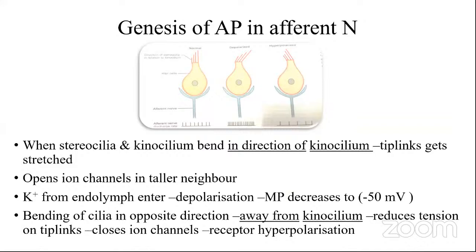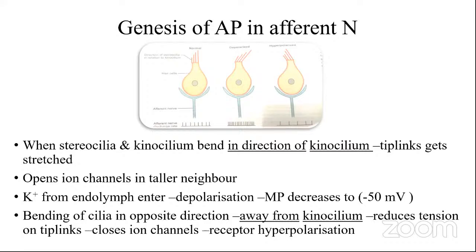Now, about the genesis of action potential in afferent nerve: when stereocilia bend in the direction of the kinocilium, the tip links get stretched. When the tip links are stretched, there is opening of ion channels in the taller neighbor. Potassium from the endolymph enters and there is depolarization.